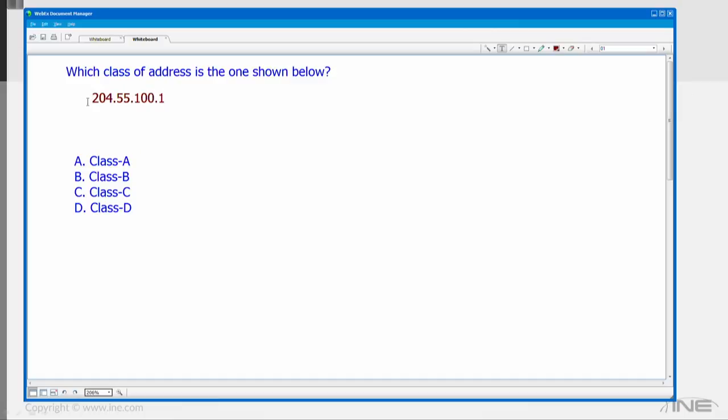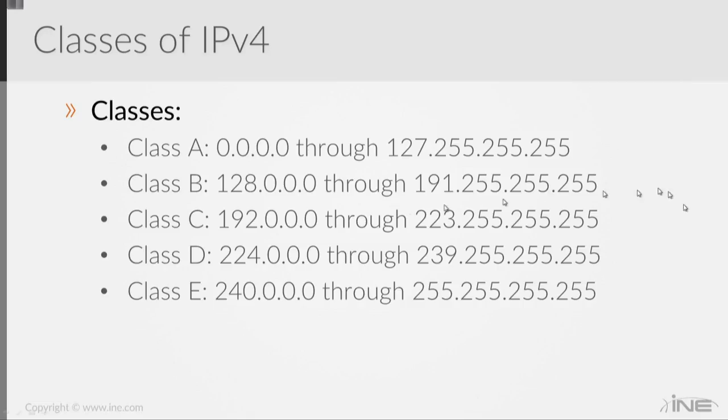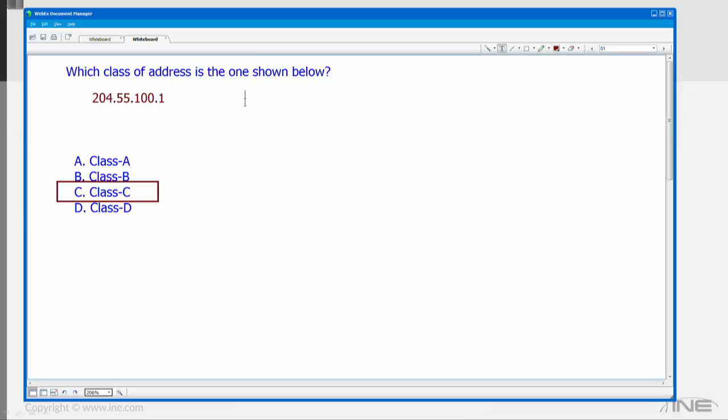What class of address is that? Okay, hopefully you said that is a Class C address. Once again, you could have done it from memorizing the ranges. That falls in the Class C range right here. Or you could have done it this way. Okay, 204, is the 128-bit on or off? Yes, 128 is definitely part of 204. What about the 64-bit?